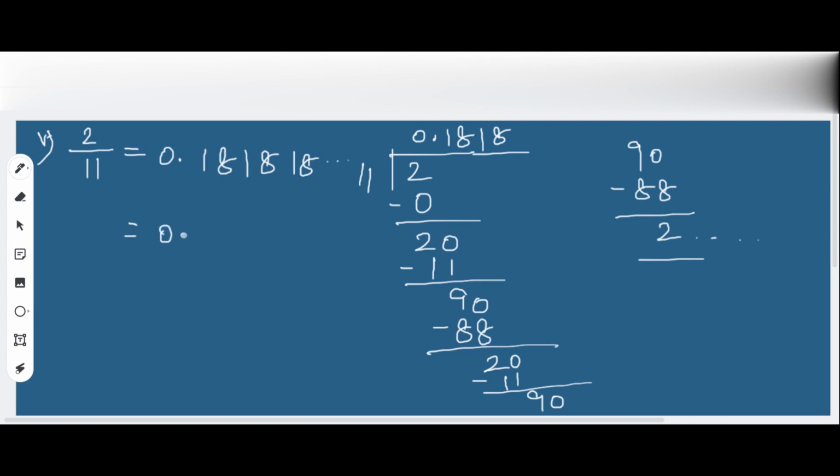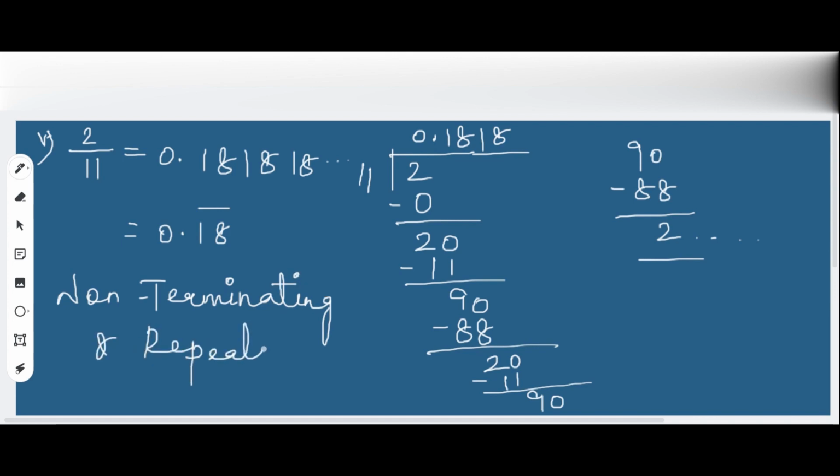So how should you write? 0.18 bar, right? You had no remainder. The numbers keep on repeating and it is non-terminating. This is non-terminating, also repeating. So this is the answer for the given question.